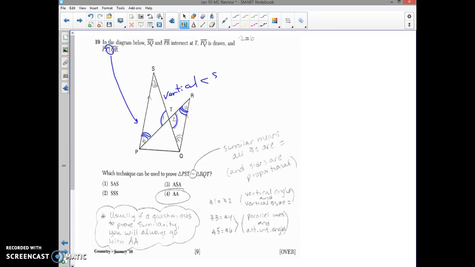If we have 2 angles that are congruent to 2 corresponding angles in these 2 triangles, we know that they are similar by angle. Usually when you see these questions, if you're needing to prove 2 triangles are similar, and it's multiple choice, you are going to use angle similarity.